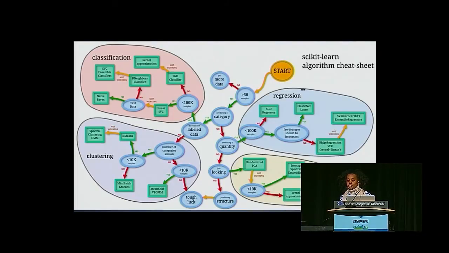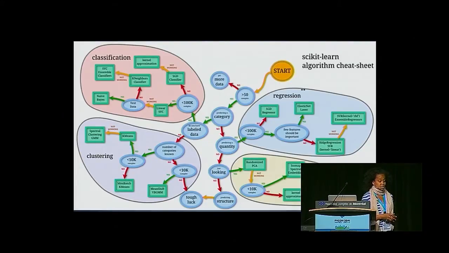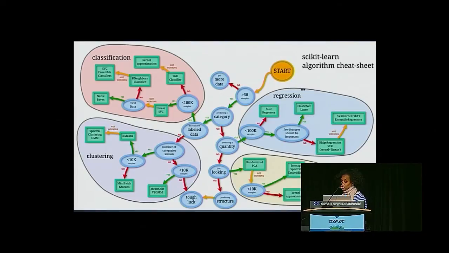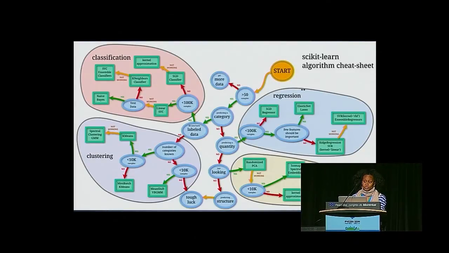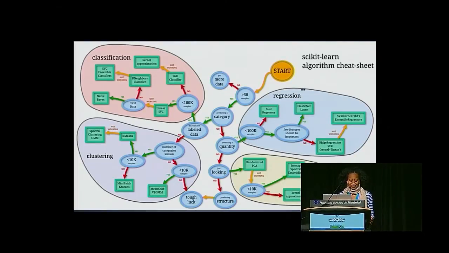If you're new to machine learning and you're using Python, this cheat sheet is a great way to figure out or navigate the scikit learn package. First, you can figure out, well, what is your sample size? Do you have less than 50? Do you have 1 million data points? This is a good way to figure out what to do based on your sample size. And this is a great way for you to identify what exactly you want to do.